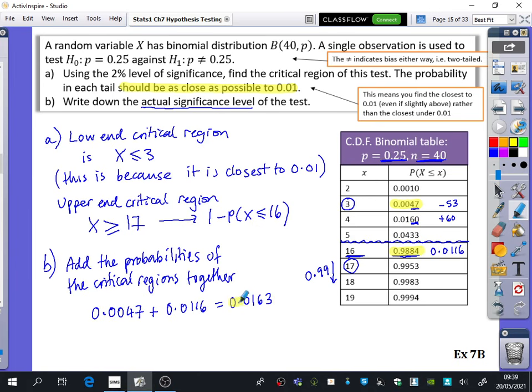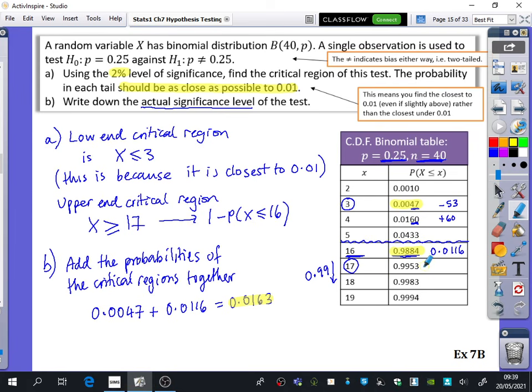And what you should notice about this value is it should be close to the significance level, right? The significance level for this question is 2%, and this is 0.0163. It's still less than 2%. The reason that's interesting is because we would normally have gone for this one to be the first one above 0.99.